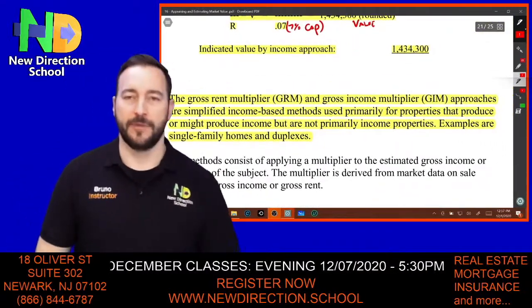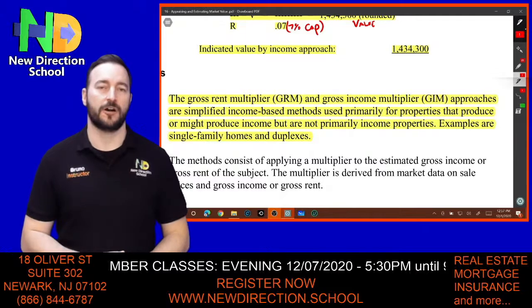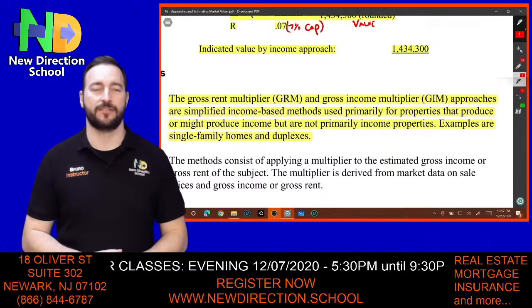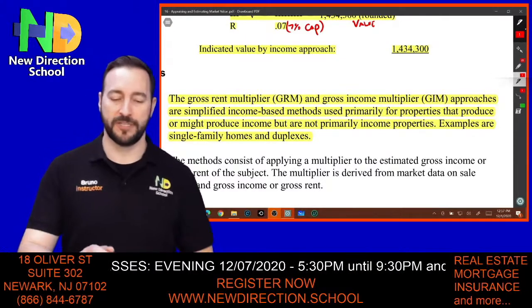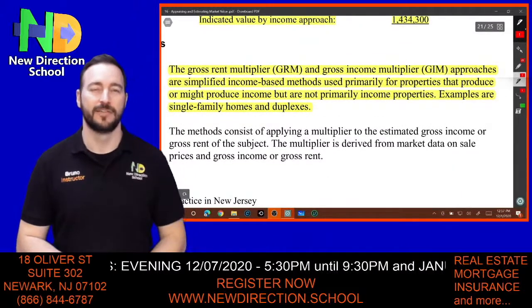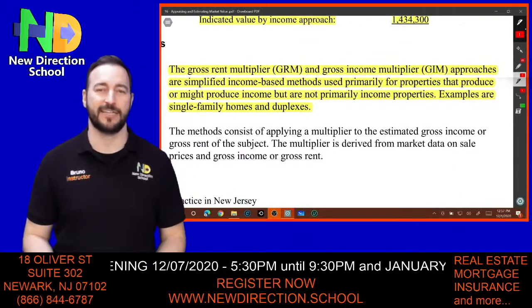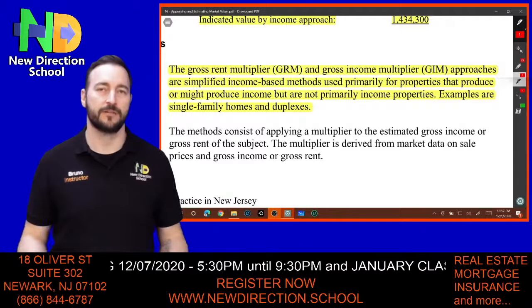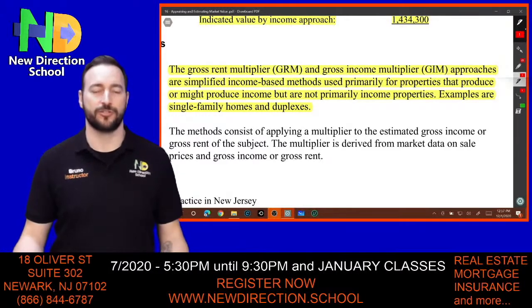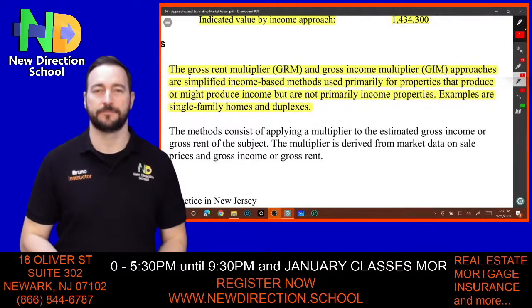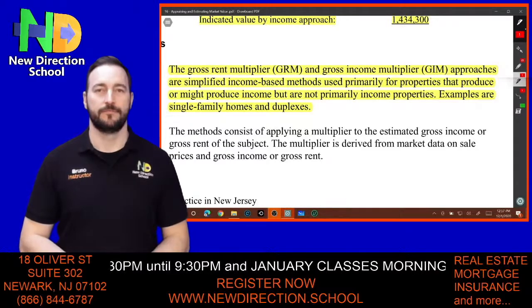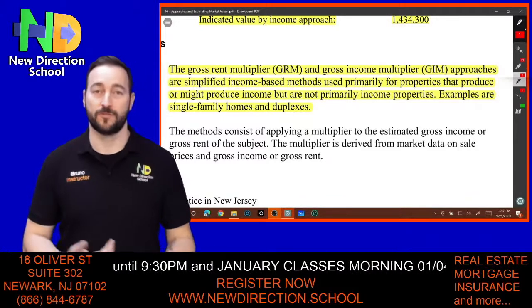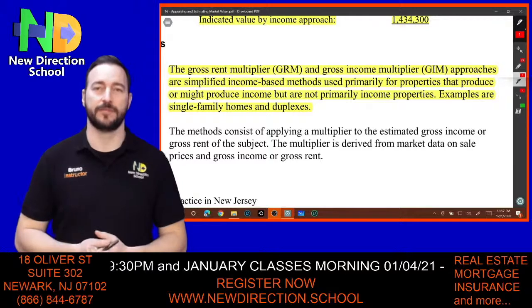The GRM and the GIM approaches are simplified income-based methods used primarily for properties that produce or might produce income, but they're not primarily income properties, like a single family. A single family is not traditionally used for income property. But if I rent one, then it's rental income, even if it's a single family.